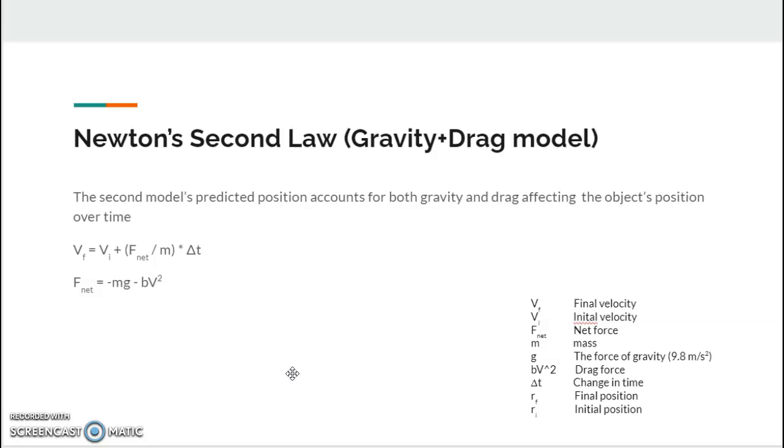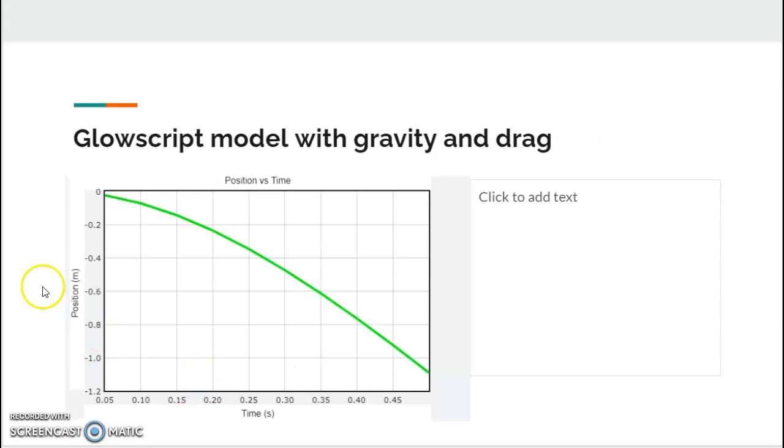This resulted in a model that had another curved position versus time graph where the object fell, and in this case reached a terminal velocity that was towards negative as the object reached about half a second.